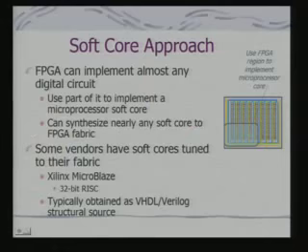So, these could be the parameters of, say, a VHDL based design which can be played with to make a choice about the architecture. In this case, when we have the soft core based approach, you basically get a big FPGA block, and you use a region of the FPGA to implement the microprocessor core.